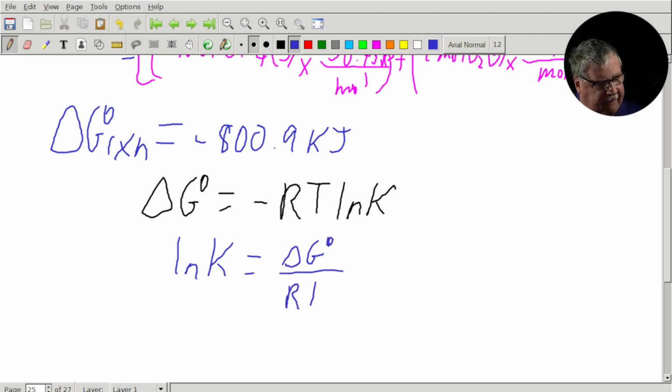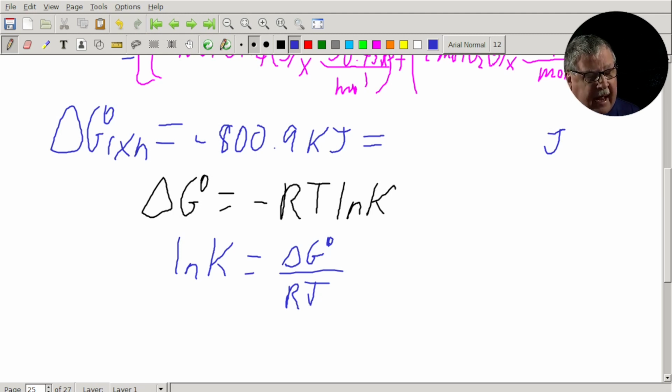Now again, what we have to pay attention to, and this is one of the more common mistakes that students make, is that if we're going to use this equation, we also have to change our delta G value into joules, which of course means we're going to multiply it by 1,000.